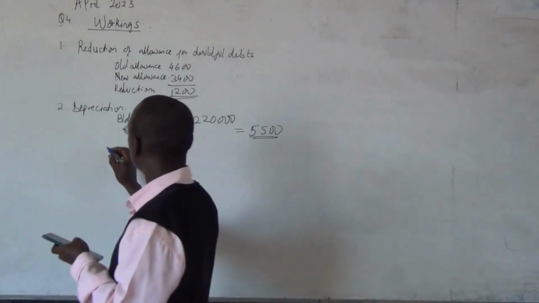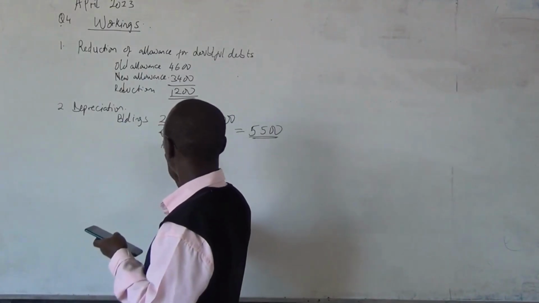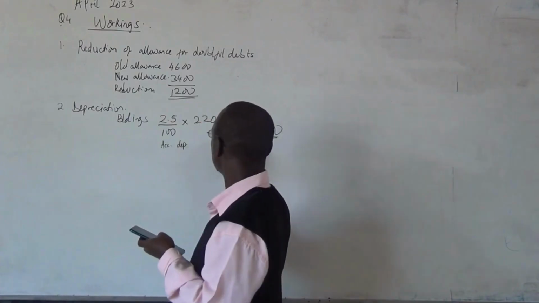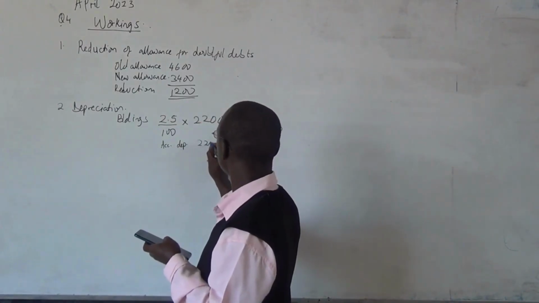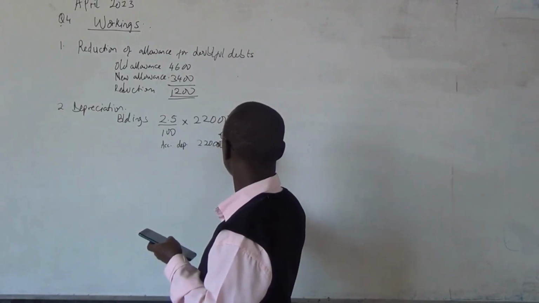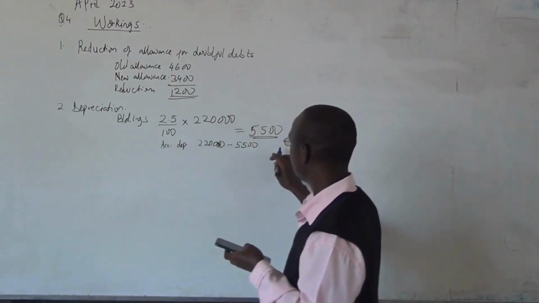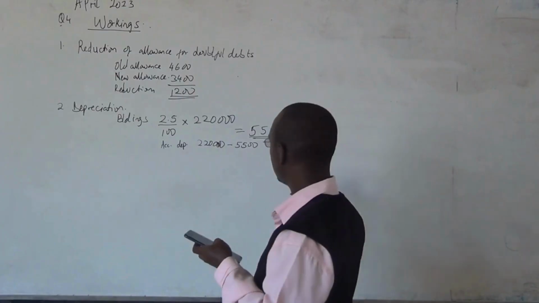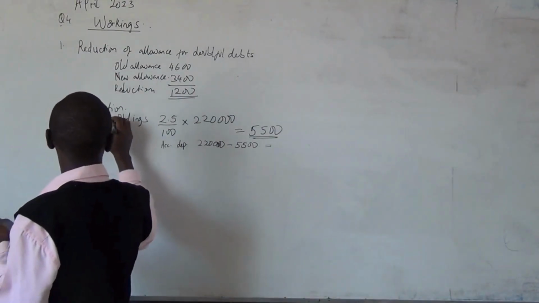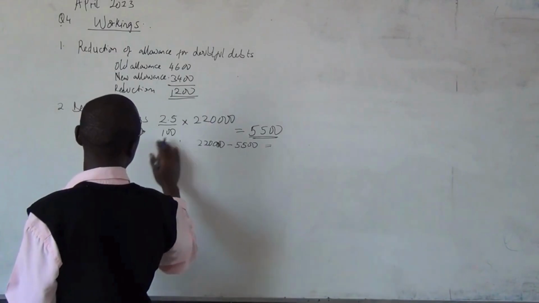Then for the buildings, we also need the new accumulated depreciation, which is 220,000 minus 5,500. That gives the new book value. So we go for the furniture now, and this is the net book value.